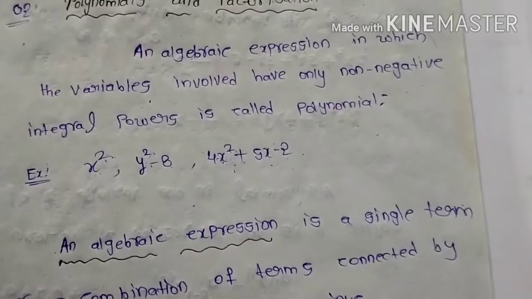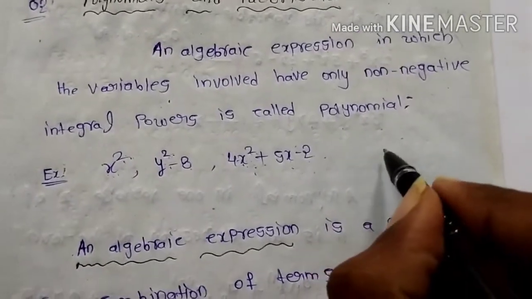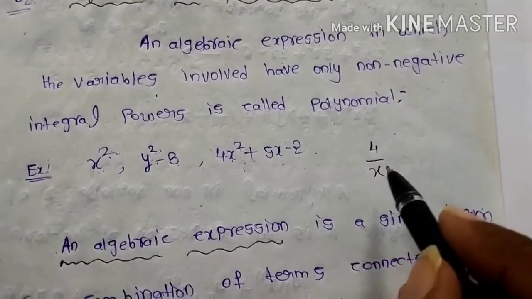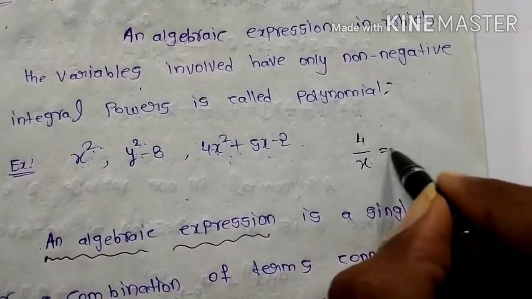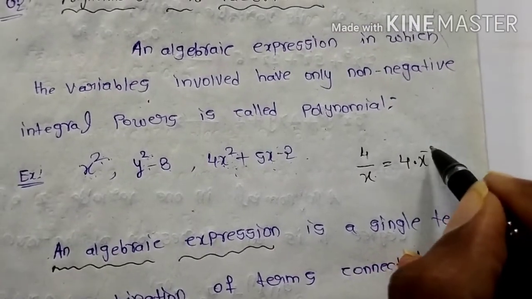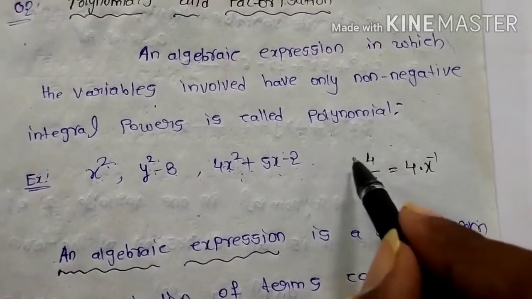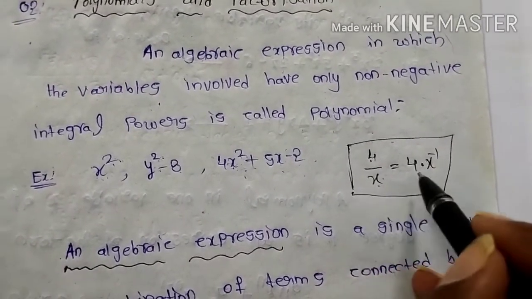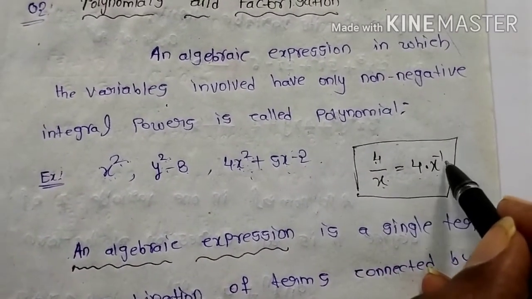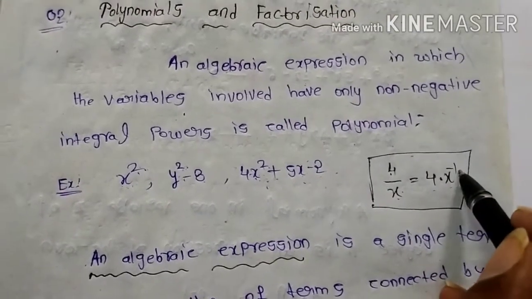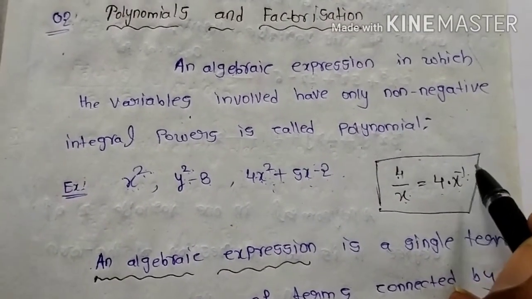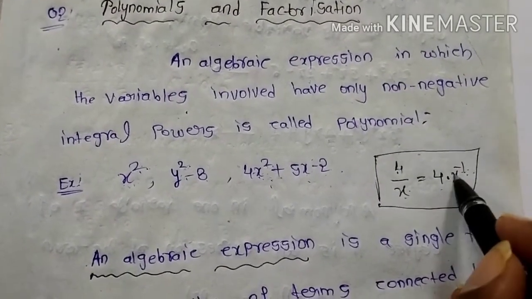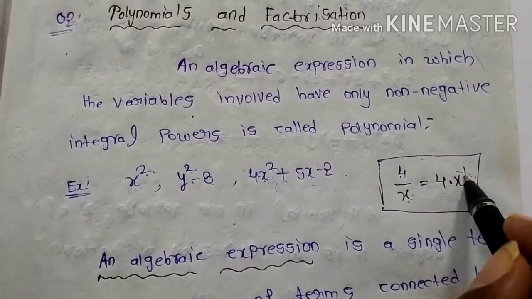For example, if I take 4 by x, 4 by x can be written as 4 into x to the power minus 1, yes or no? You have studied this kind of thing in the previous class. Here the power of x is minus 1, so is it a negative integer or positive integer? Negative only.